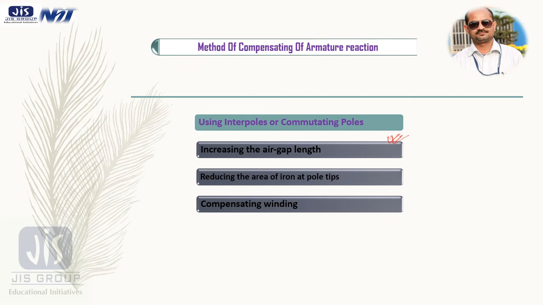So we are not going to discuss how these compensate the armature reaction, because this is the concept of armature reaction. But in my later classes I am going to discuss interpoles and compensating winding. So this is all about armature reaction.